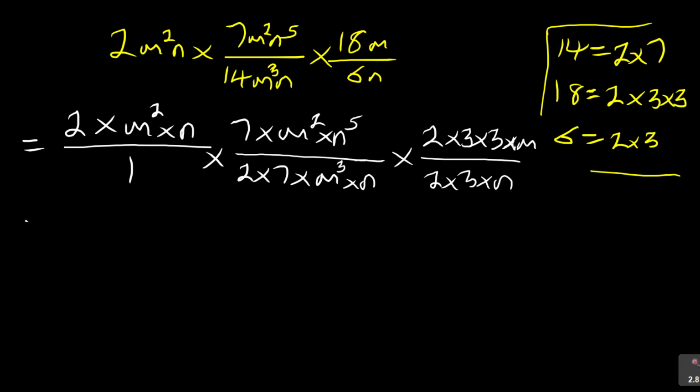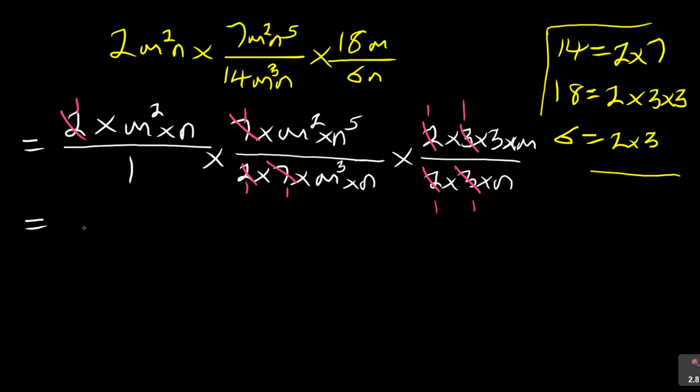And now at that stage, you are able to cancel a few things. For example, the 7 cancels the 7, the 2 cancels the 2. Remember I said when you're cancelling, it's 1 and 1. 7 is 1, 7 is 1. 2 there it's 1, 2 there it's 1. 3 there it's 1, and 3 there is 1.